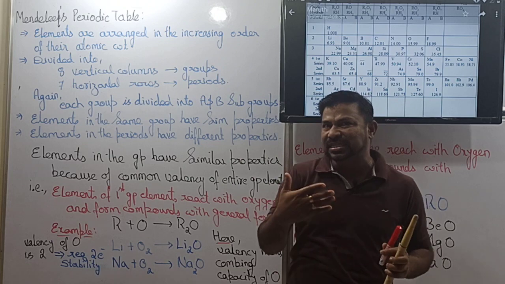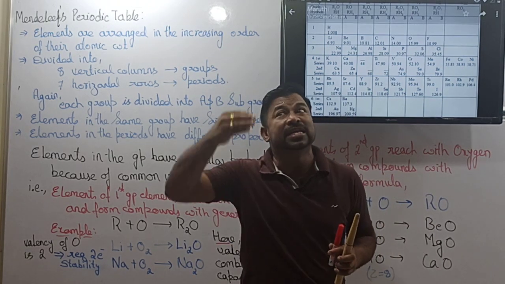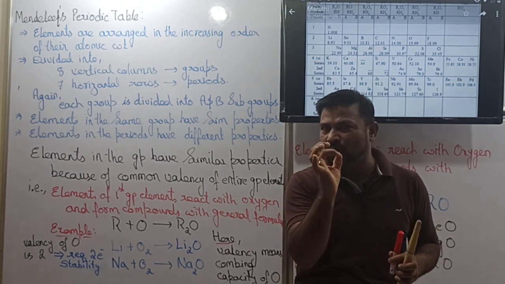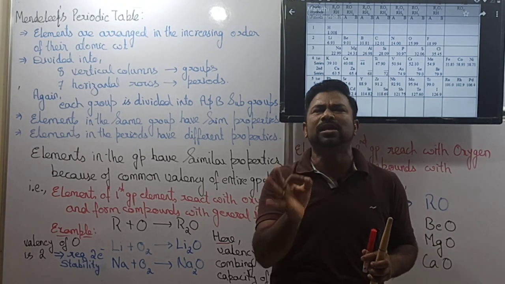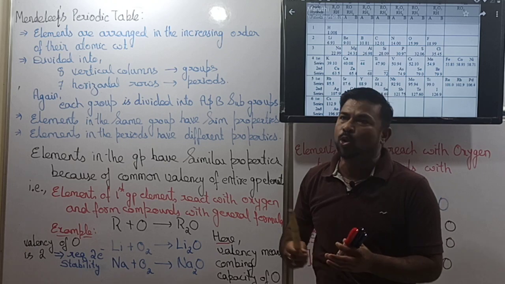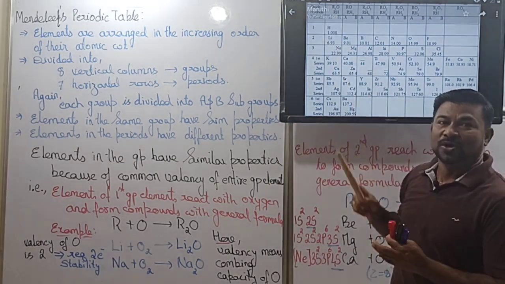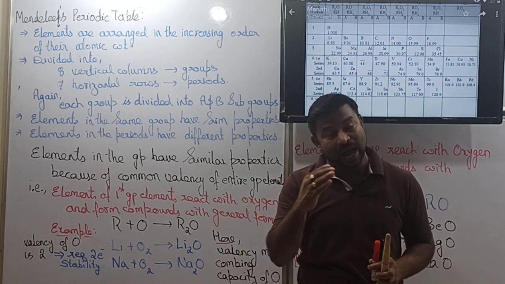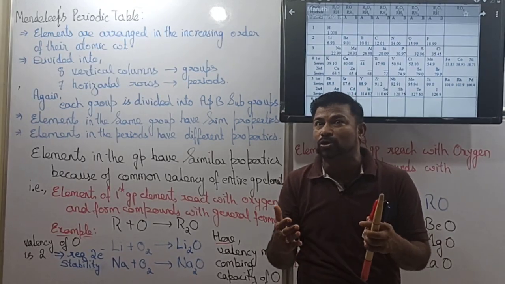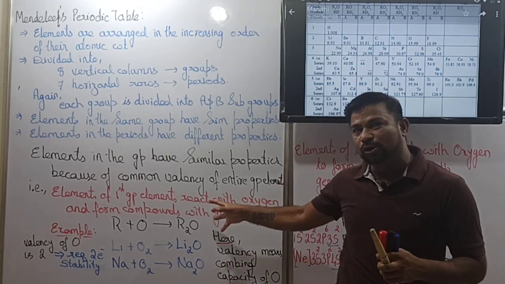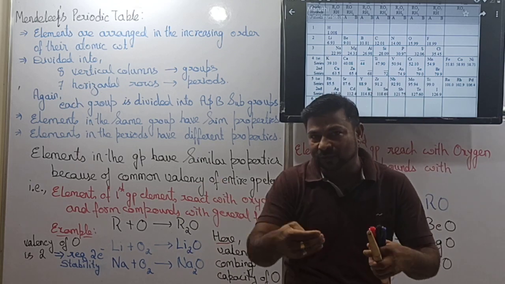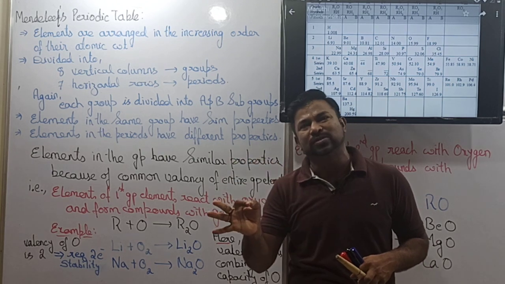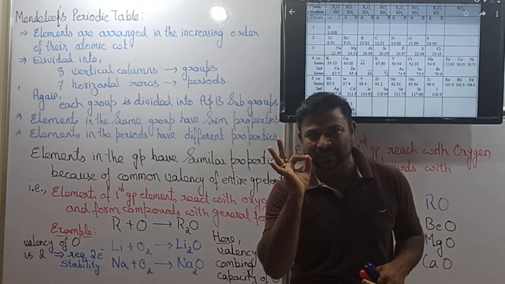Now let us discuss the property of the elements in a particular group and in a particular period. The main thing to observe is that all the elements present in a group have similar properties. Why? I will let you know. He said it is because of the common valency. How it goes on, we will get to know within a few minutes. The first point: all the elements present in the groups have similar properties.